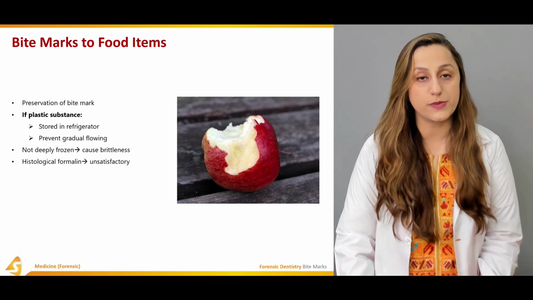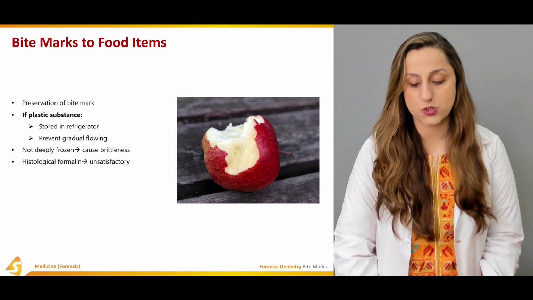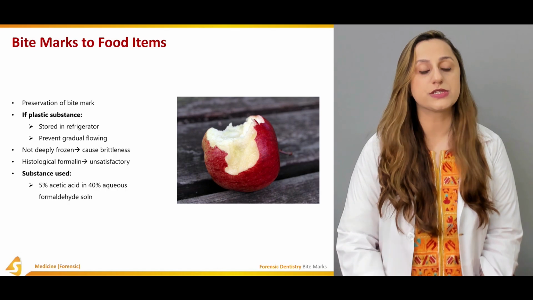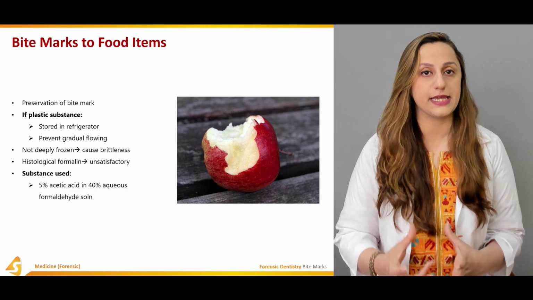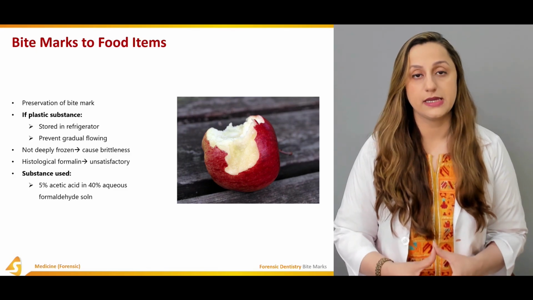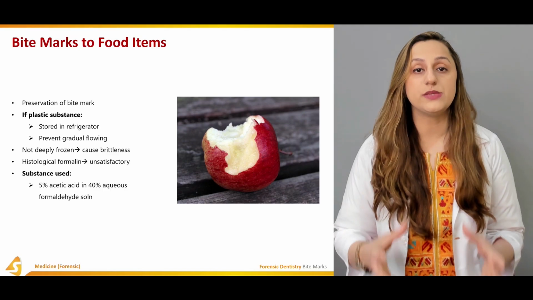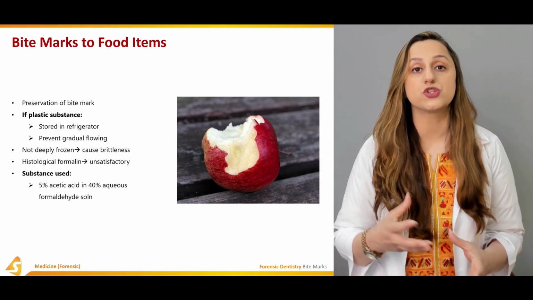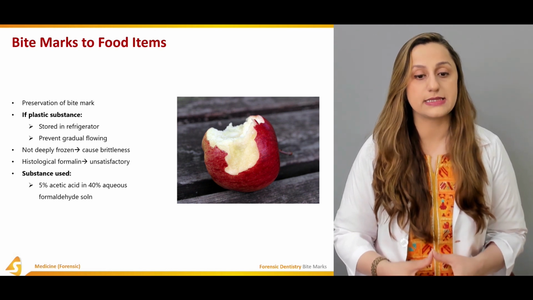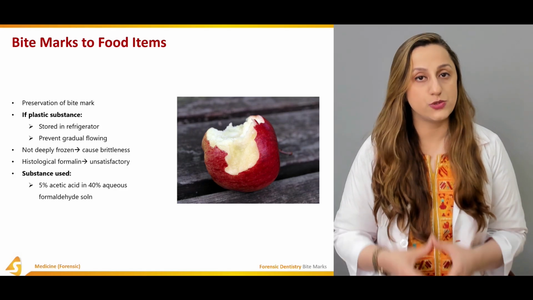The histological formalin is used for fixing the bite marks, but it is quite unsatisfactory in a lot of cases. The substances used for the bite marks taken on the food items, which are taken for comparison with those made on the body on which the autopsy is being performed: 5% acetic acid is taken in 40% aqueous formaldehyde solution.